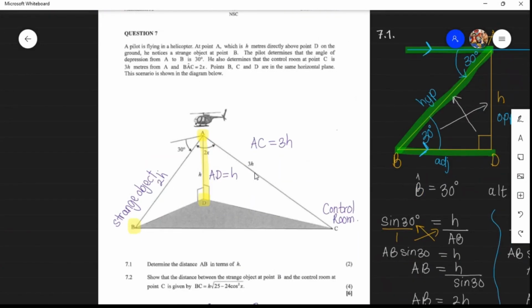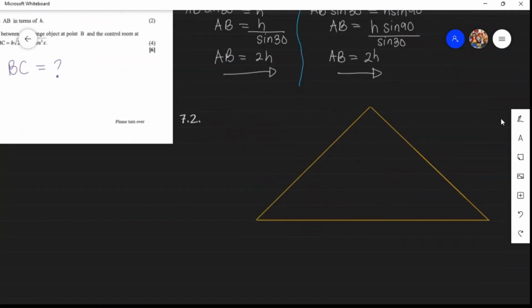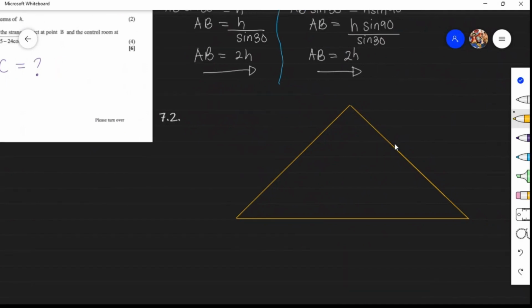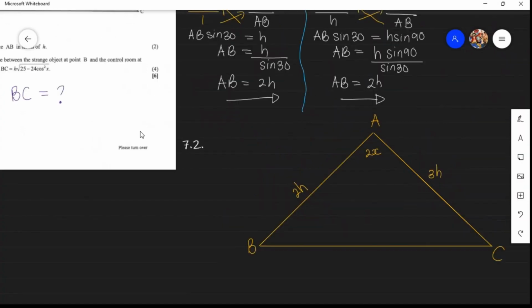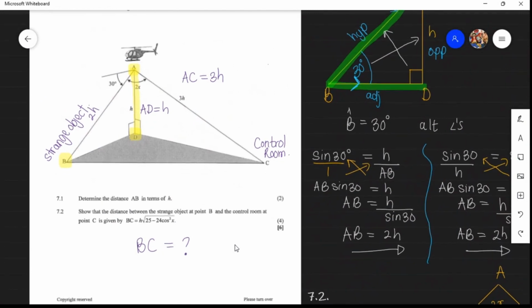So we have ABC, so let us put that in. A on top, B on the left, and C. We were given that AC is 3h, AB was calculated as 2h, and the angle A is 2x. Let us confirm if that is correct. Yes, our angle A is in fact 2x.